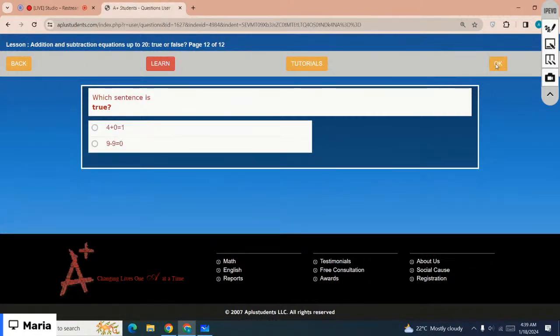Which sentence is true? 4 plus 0 equals 1 or 9 minus 9 equals 0. Which is the correct option? Yes, the correct option is 9 minus 9 is 0, right?